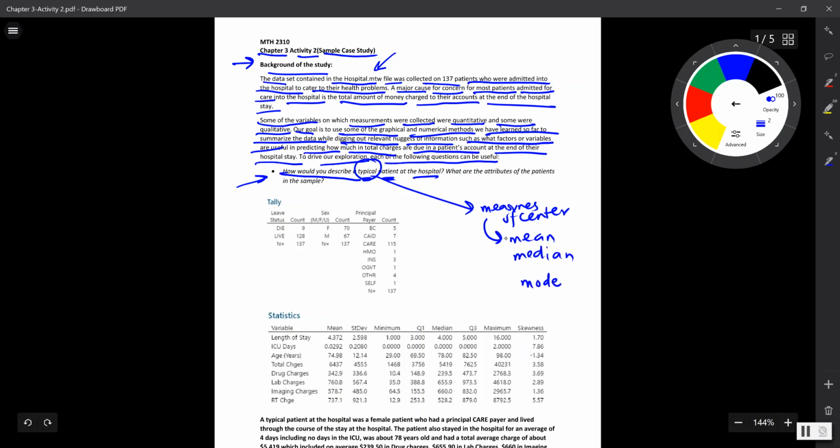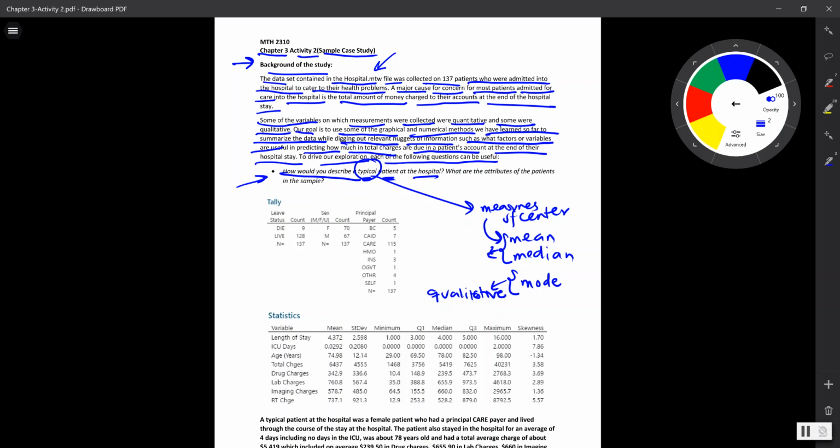To recap quickly, we use the mean and the median for quantitative or numerical variables, whereas we use the mode for qualitative variables, whether nominal or ordinal.